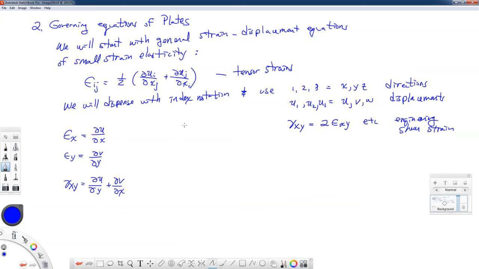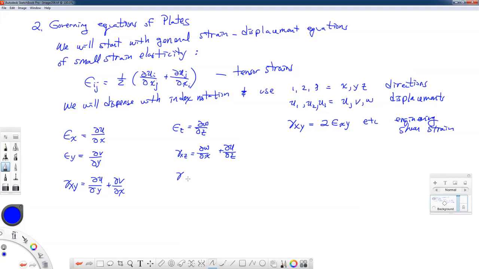And we have 3 more strains. Epsilon z is the partial of w with respect to z. Gamma xz is the partial derivative of w with respect to x, added to that partial of u with respect to z.